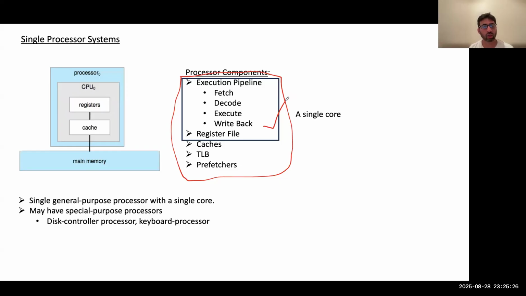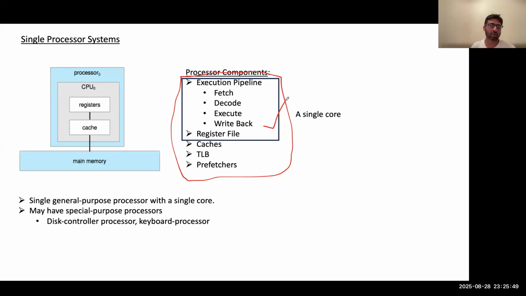They cannot do general computing, right? For example, you cannot run a Microsoft Word editor on a disk controller because it is designed only for controlling the data going to and from the disk, right?